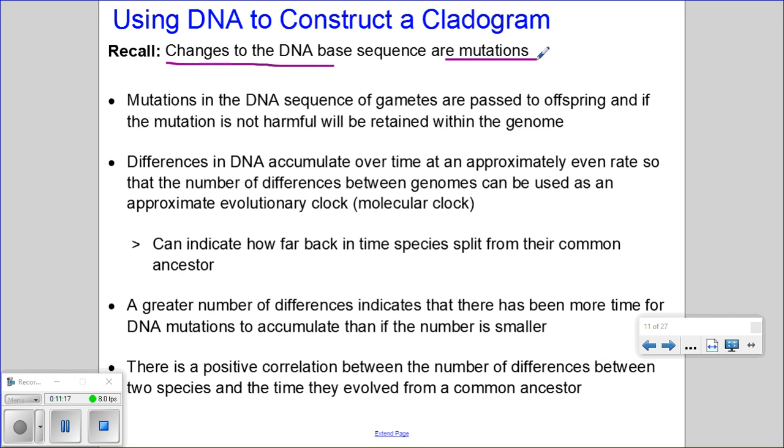What this molecular clock can do is indicate how far back in time species split from their common ancestor. A greater number of differences indicates that there has been more time for DNA mutations to accumulate than if the number is smaller. So there is a positive correlation between the number of differences between two species and the time they evolved from a common ancestor.